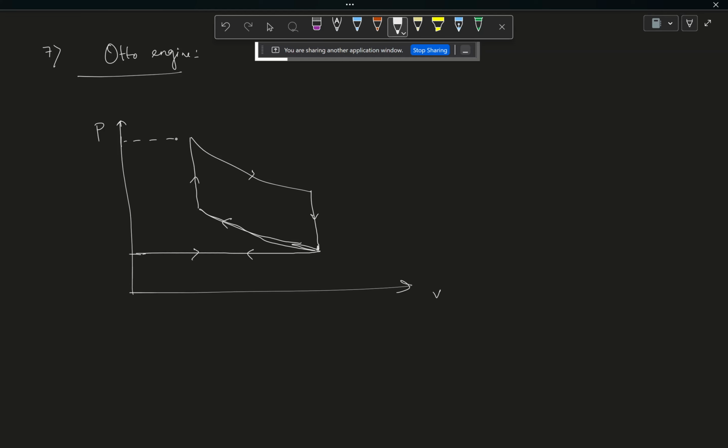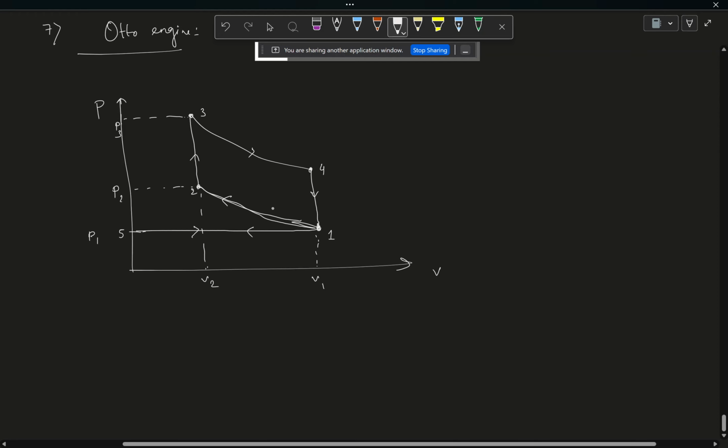So mark the different points as P2, P1. This is point number 5. This is 1, 2, 3, 4. This is at P1 and this is at P2, and this pressure is P3.